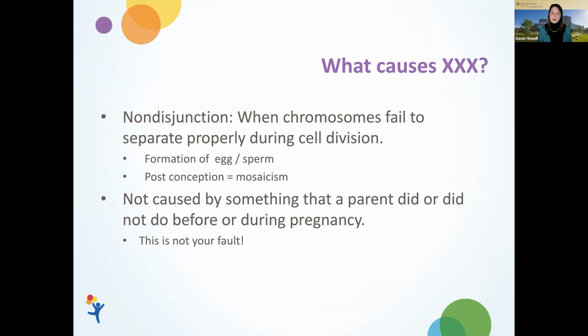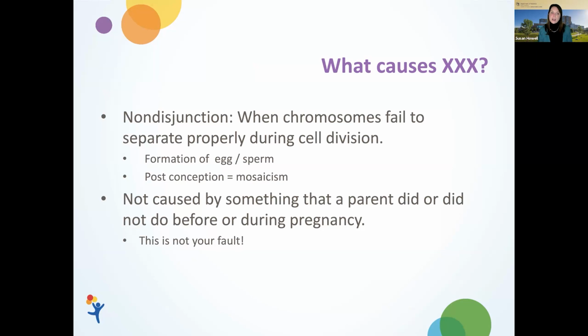That cell division process is subject to chromosomes failing to separate properly, and you end up with either an extra or a missing chromosome resulting from non-disjunction, where those chromosomes fail to separate properly.